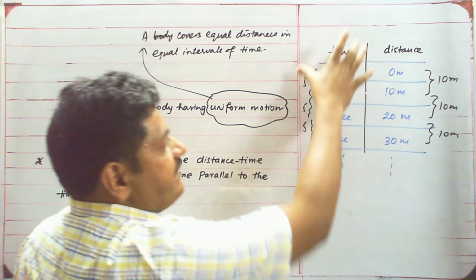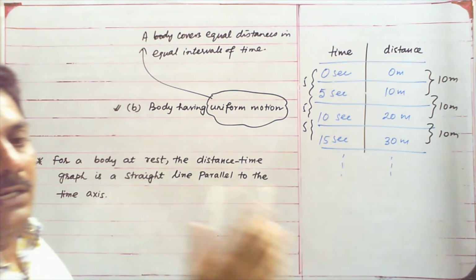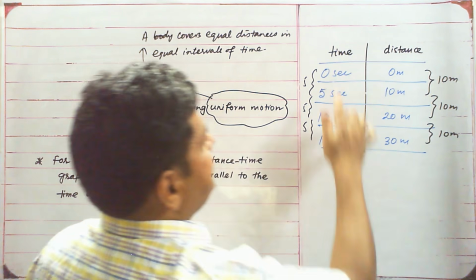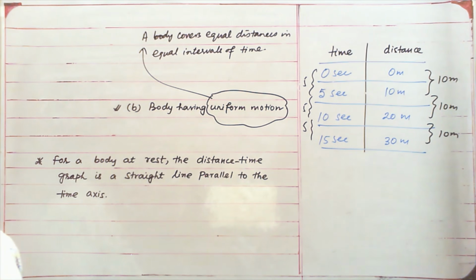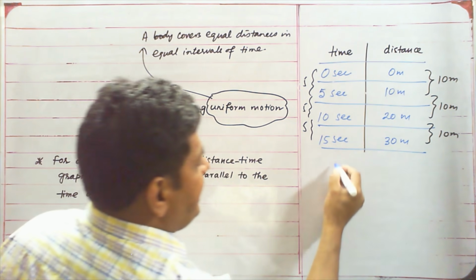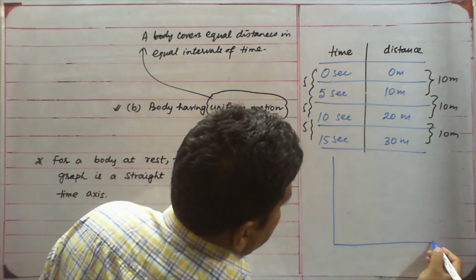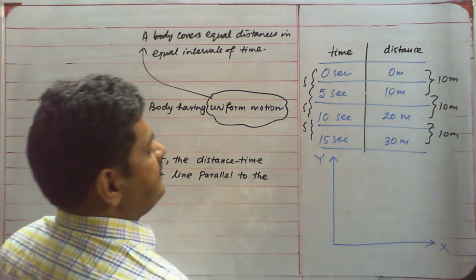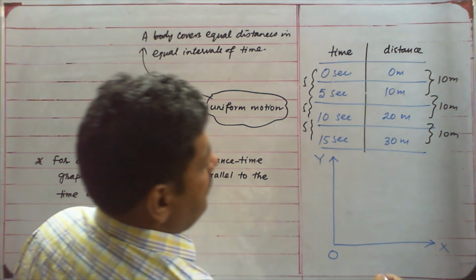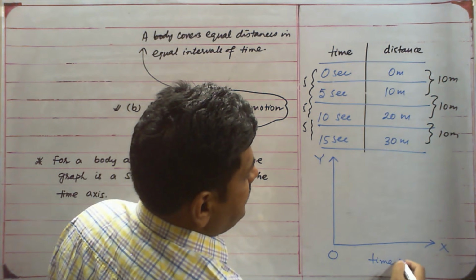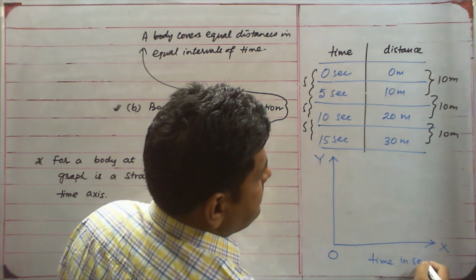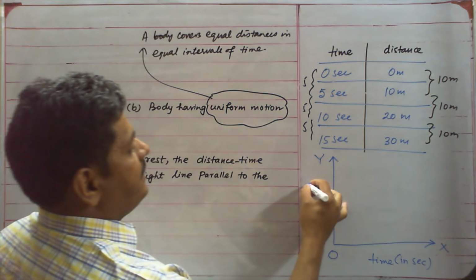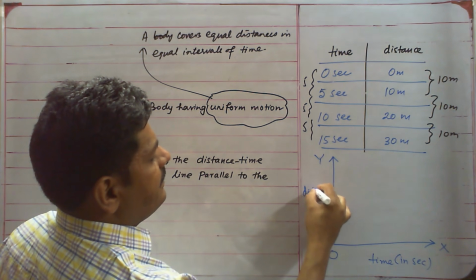So let us try to represent this data in the form of a graph. We have got the time, we have got the distance. Time is independent, distance is dependent. So how would the graph look like? We have got x-axis, y-axis, origin, time in seconds, and distance in meters.